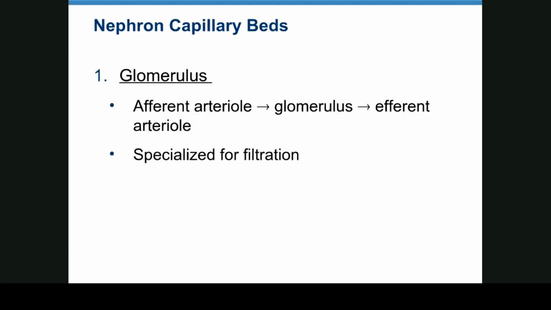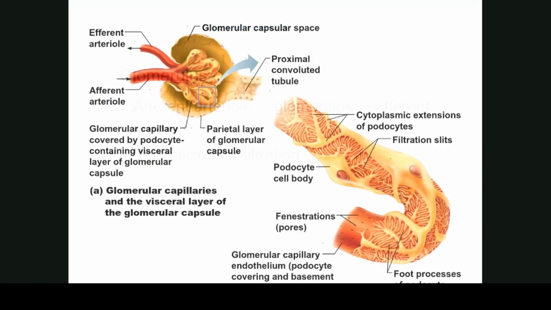Now, the glomerulus has afferent arteriole coming into the actual glomerulus, goes out into the efferent arteriole, and it's your filter. And this is showing afferent, efferent, and a close-up of little fenestrations in the actual capillary. And then they're reinforced with these podocytes that keep them from just rupturing open.